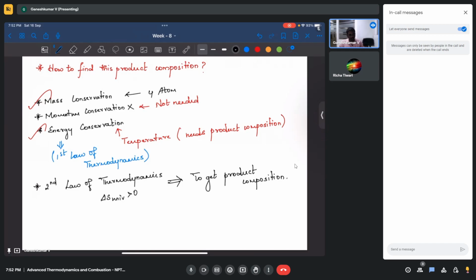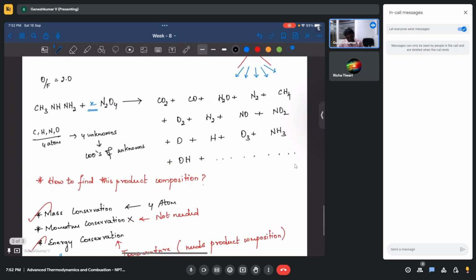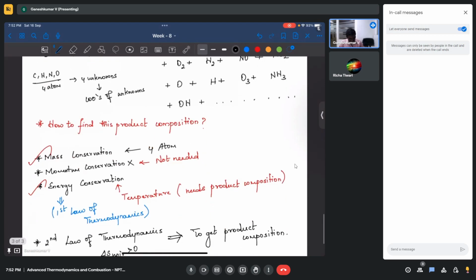That is how this whole system gets closed. But how do we use the second law of thermodynamics for this?